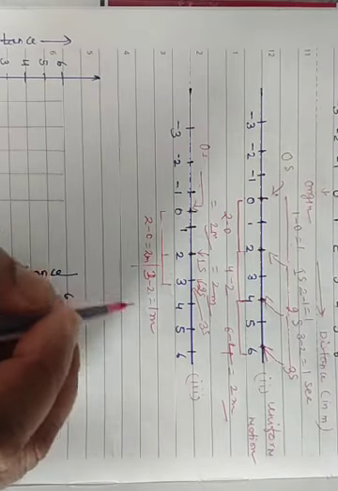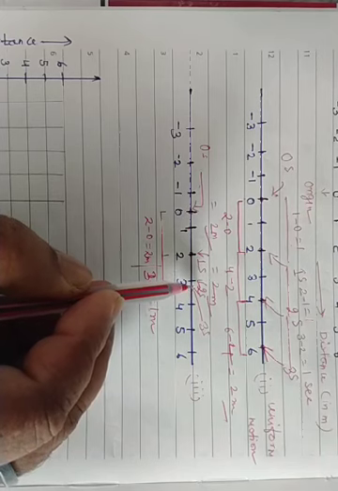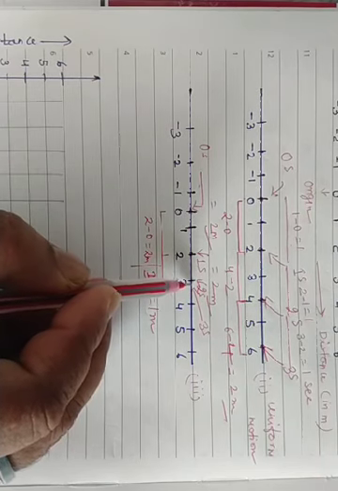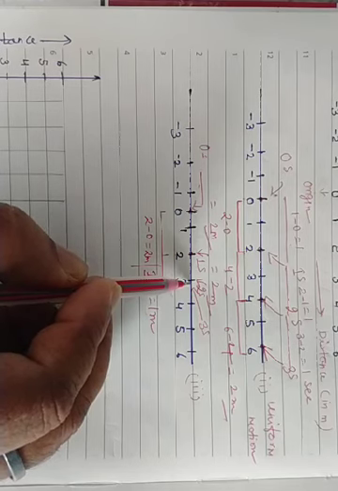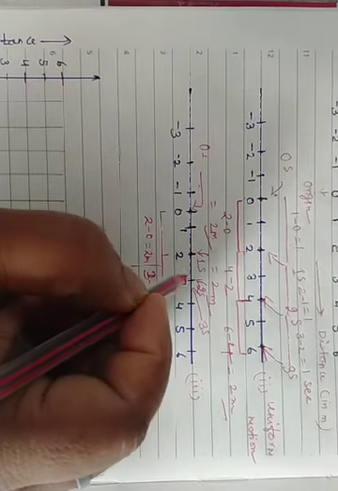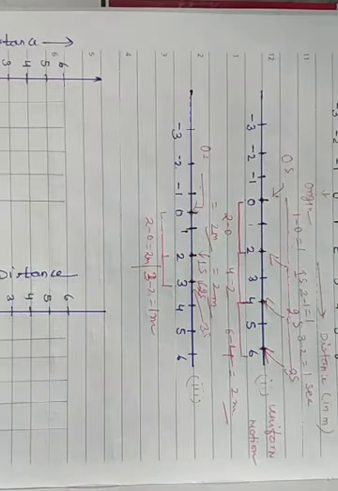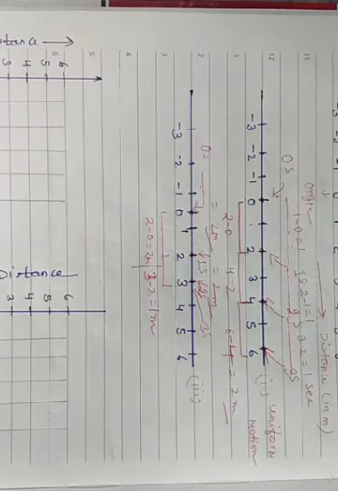Now here we cannot see any change in the position of the body. In the second second, the body is still right here at a scale of 3. In the third second as well, the position is here at a scale of 3.